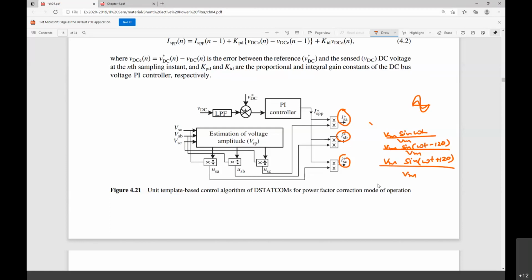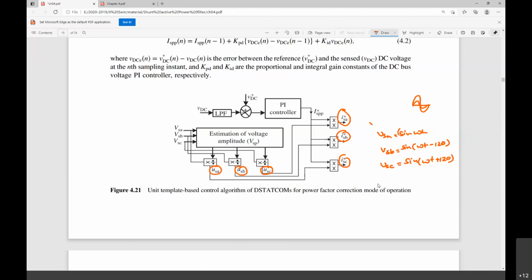Then what we get are the unit templates of the voltage, usa, usb and usc. We get sine omega t, sine omega t minus 120 and sine omega t plus 120. So usa equals sine omega t, usb equals sine omega t minus 120, usc equals this signal.